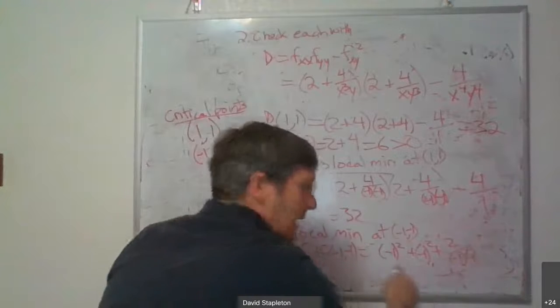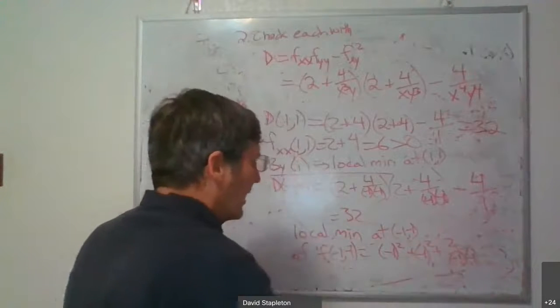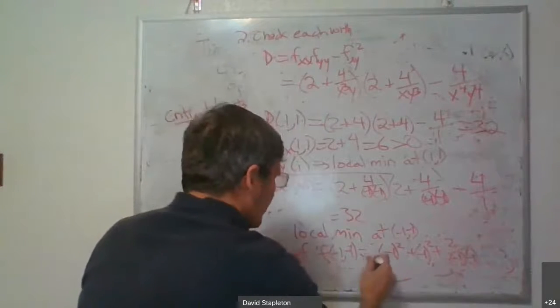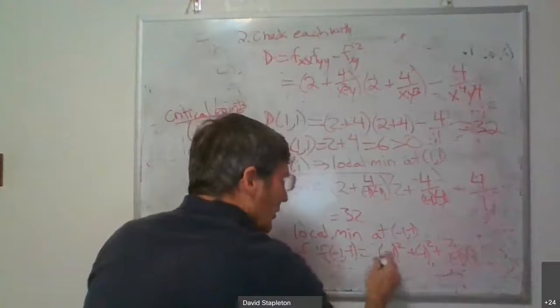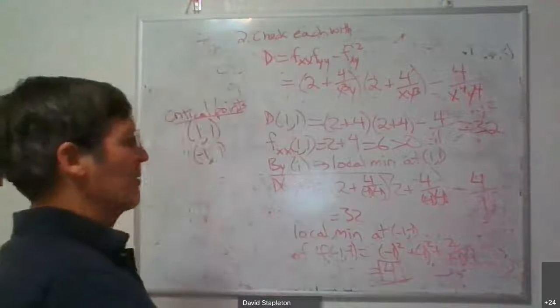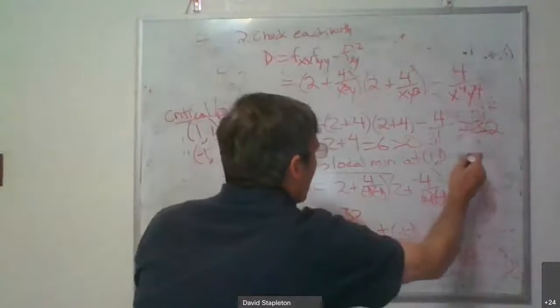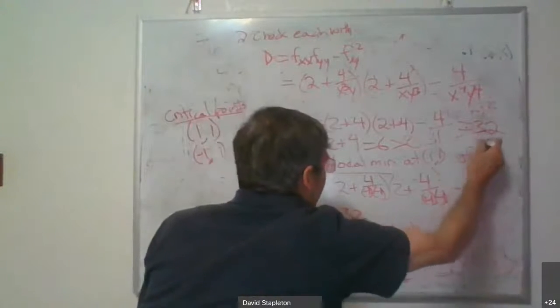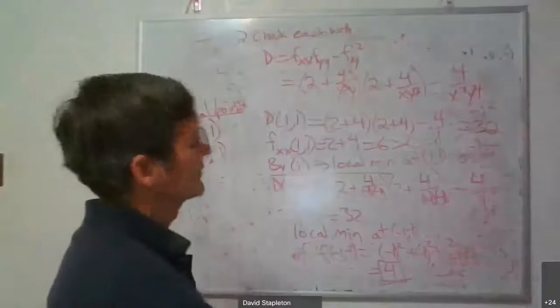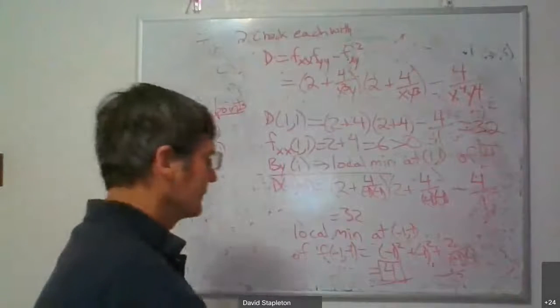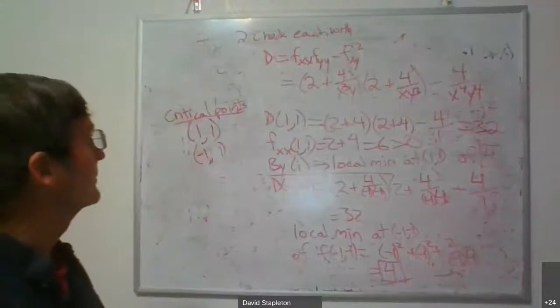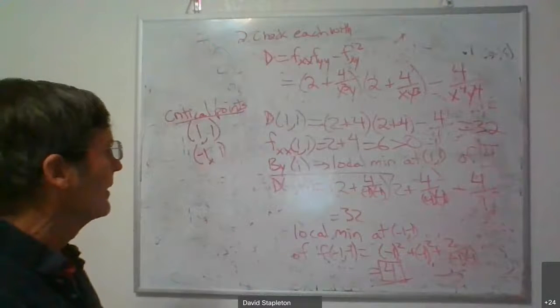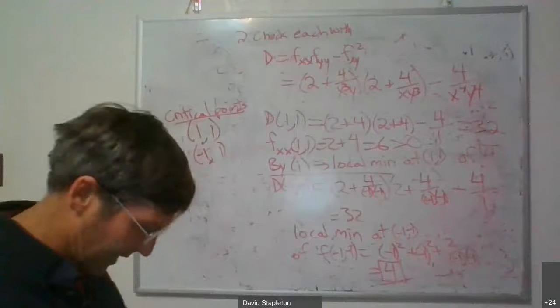That was the function. X squared plus y squared plus 2 over xy is 1 plus 1 plus 2 is 4. So you have a local minimum of 4 at the point minus 1, and also here 4. If D is less than 0, then you get a saddle point.